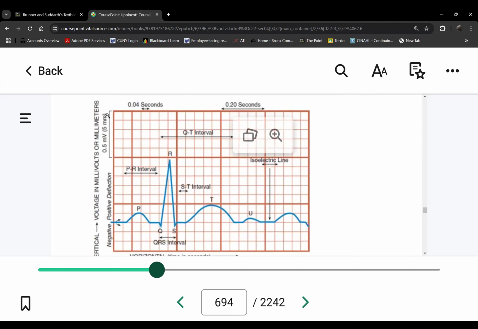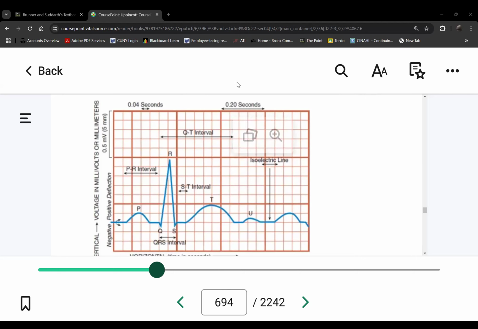Here, for example, you see there are small and big boxes. These are small, tiny boxes, and you notice that a set of 25 small boxes makes one big box.